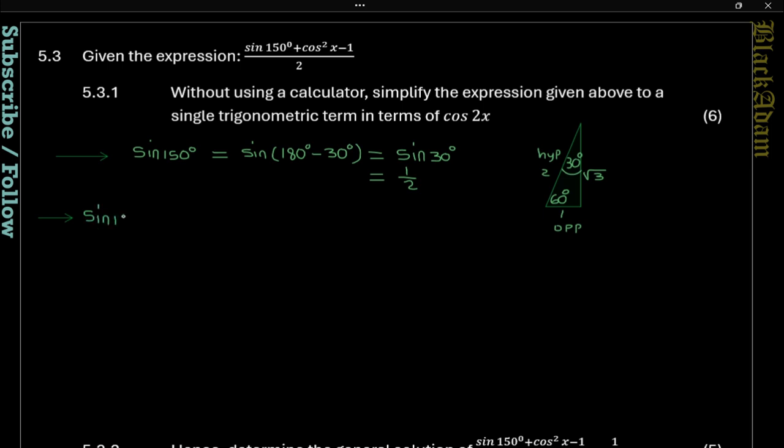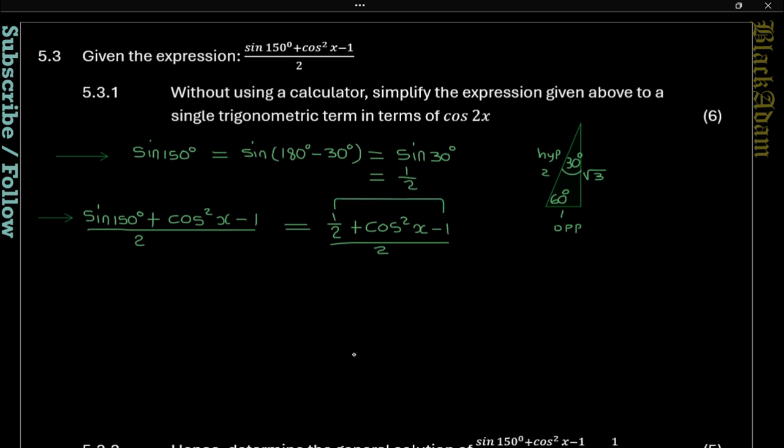So we have sine 150 degrees plus cos squared x minus 1 all over 2. So we need to put it in terms of cos 2x. So we just need to be creative there. So that will be half plus cos squared x minus 1 all over 2, and then I add up half plus negative 1.